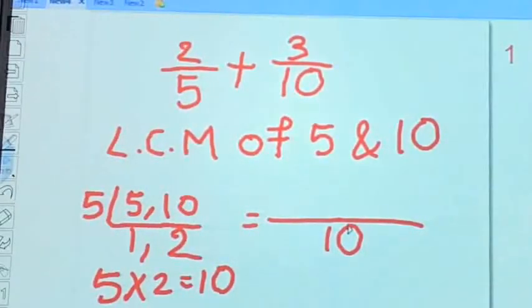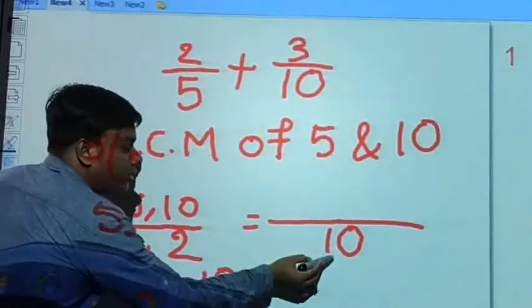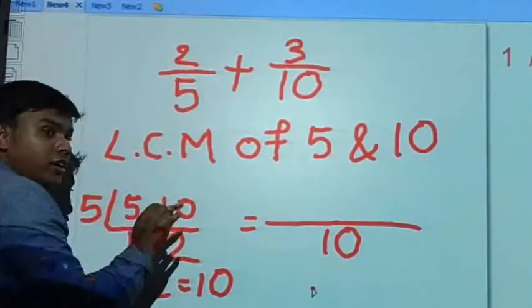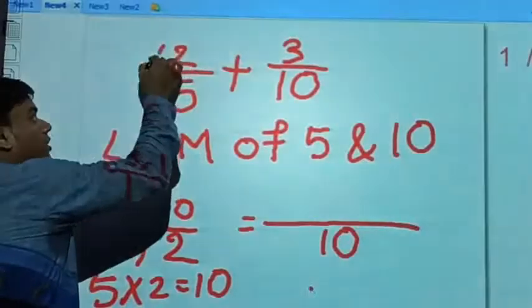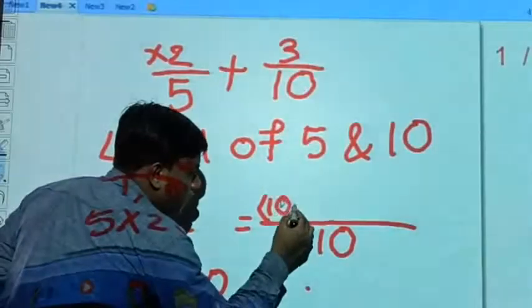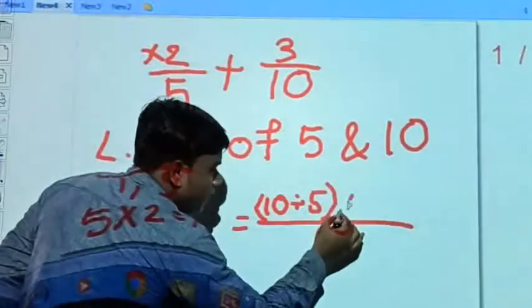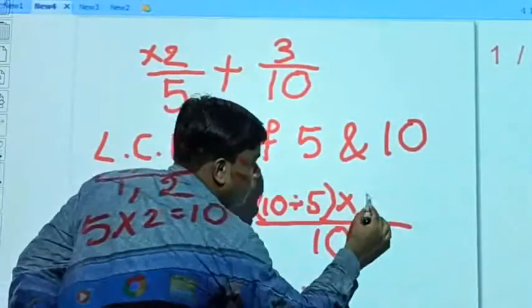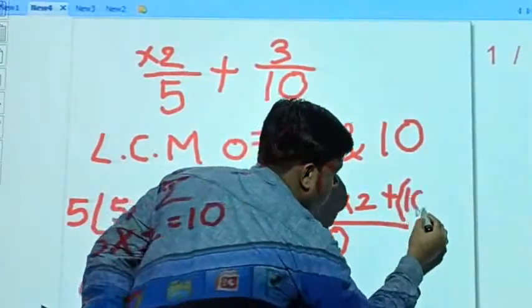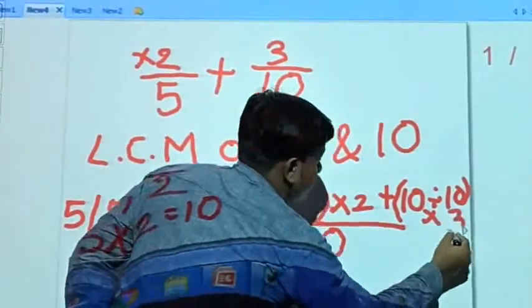Now listen very carefully. First we divide the LCM by the denominator, 10 divided by 5, and multiply the result with the numerator. Similarly, 10 divided by 10 into the numerator, which is 3.